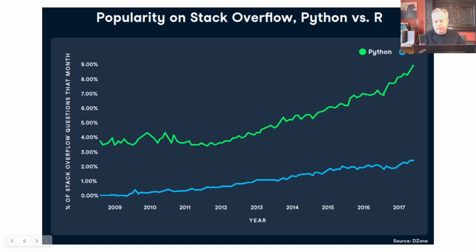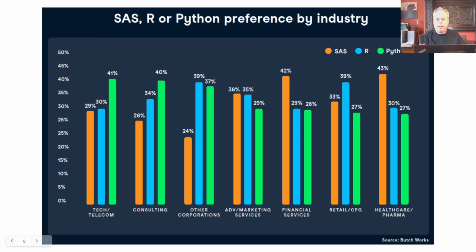There's a lot in common between the two languages in the sense that they're both open source, so they're free to use, and that's one of the reasons I suspect why such an active set of communities has built up around these two languages over the past 20, 30 years or so. In terms of data science and data analysis more generally, you see that SAS, R and Python are widely used across different types of industries.